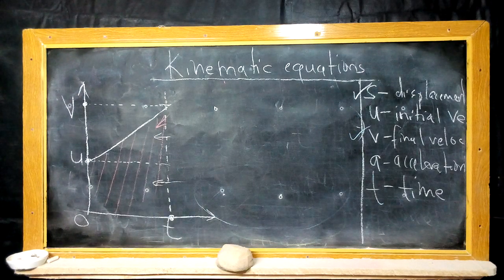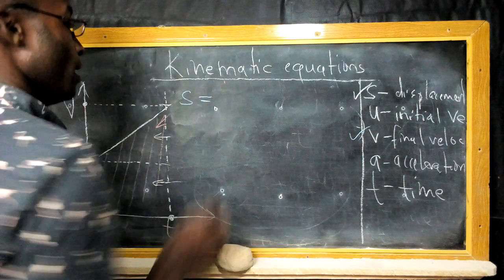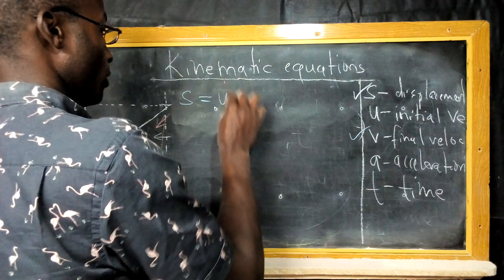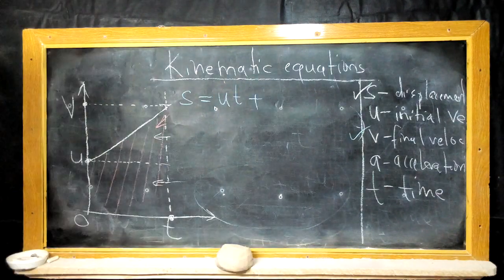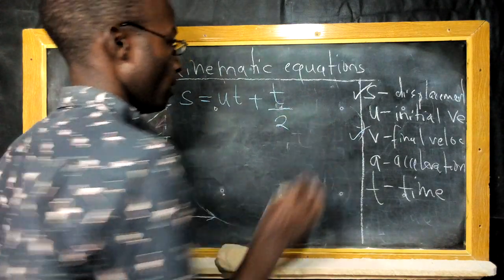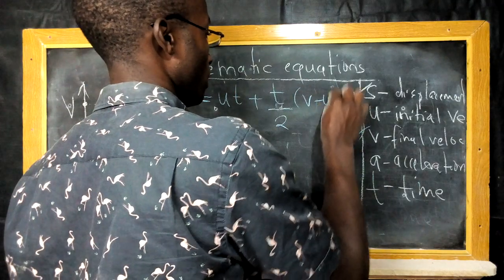So moving to the third one, we said that the area beneath the velocity time graph is displacement, which we had given as we were deriving S: initial velocity times time plus average velocity times time, which is final minus initial.